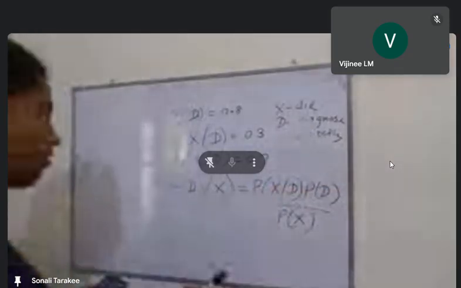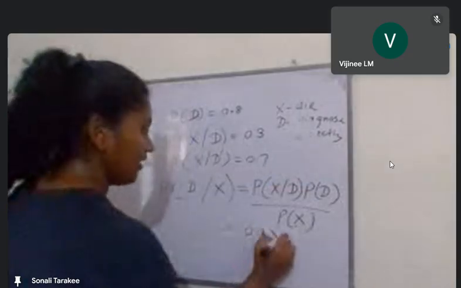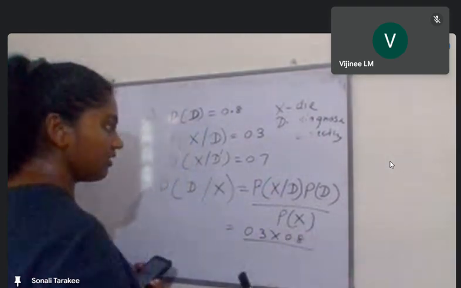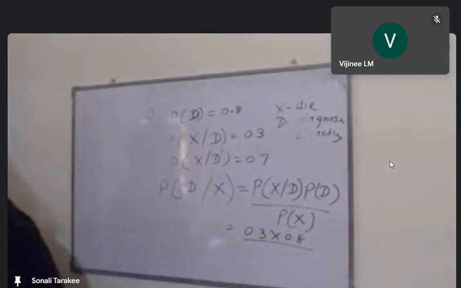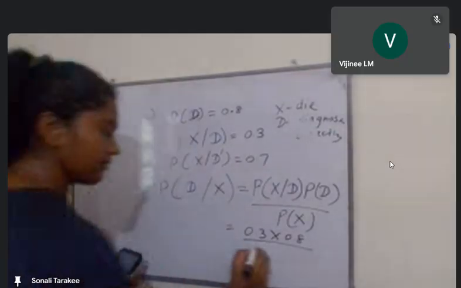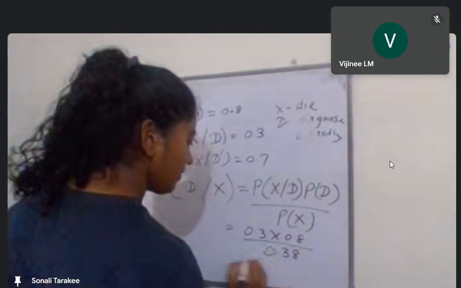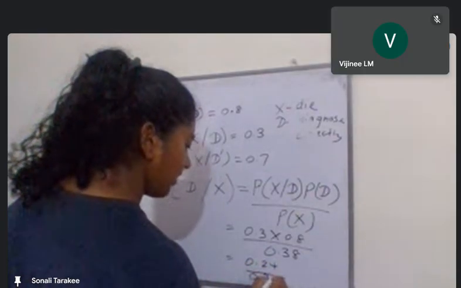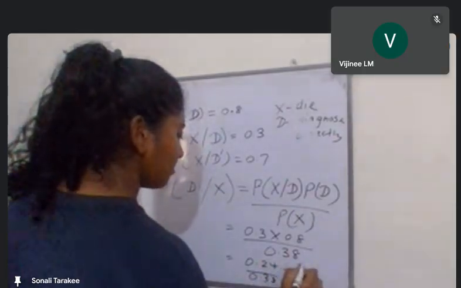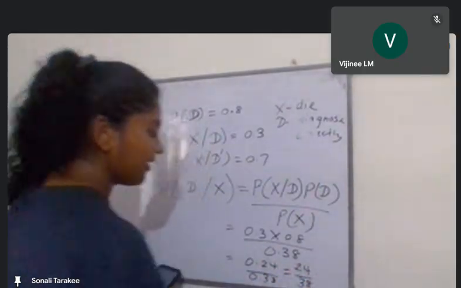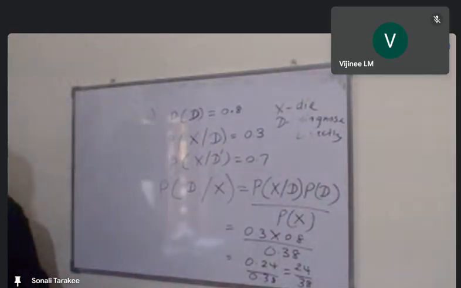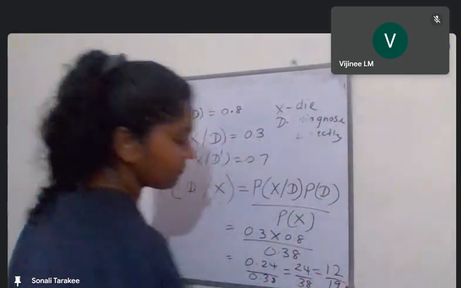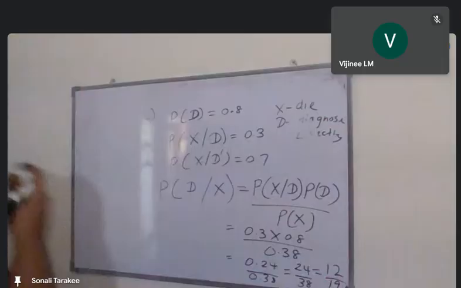So we substitute here 0.3, 0.8 over P(X), we found, what was it? 0.38. So 0.24 over 0.38. Simplify this one, 24 over 38. If you further simplify, it's 12 over 19. Like this.